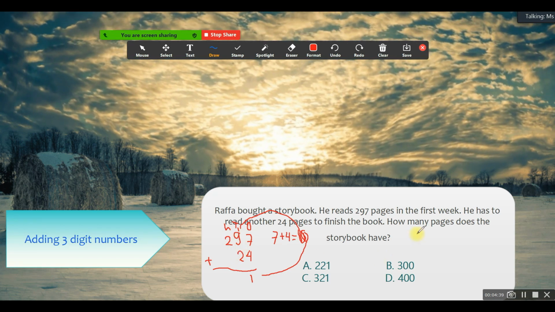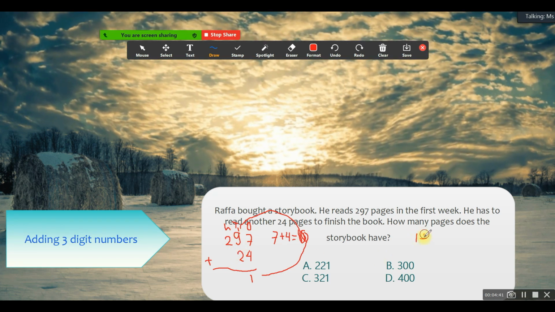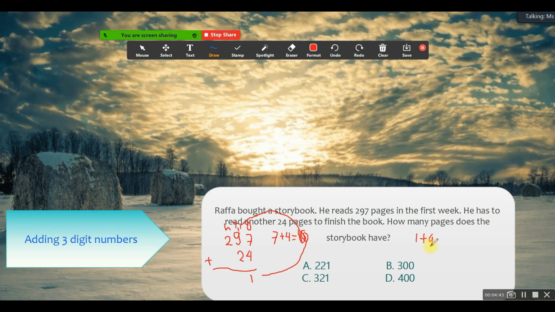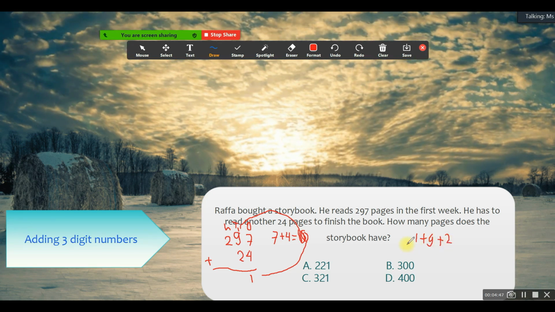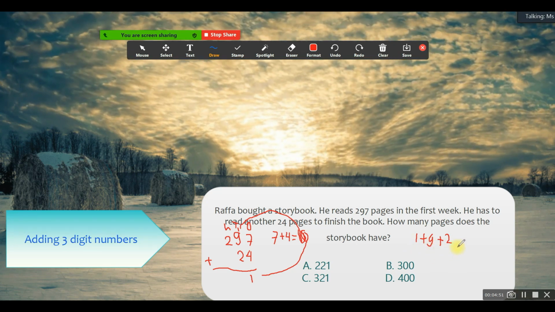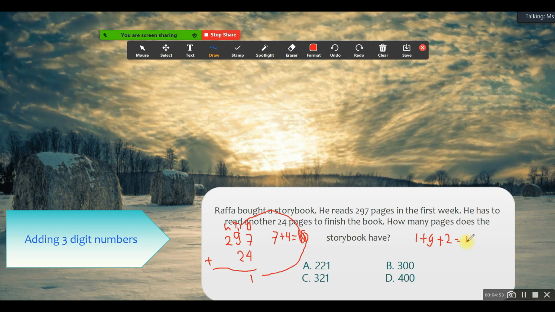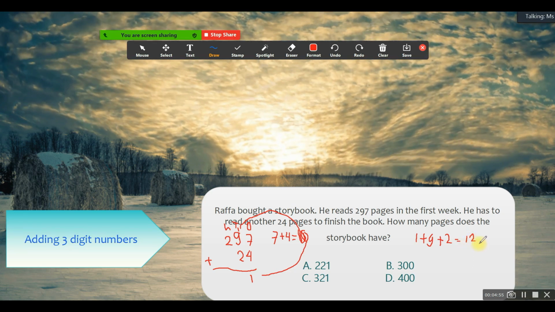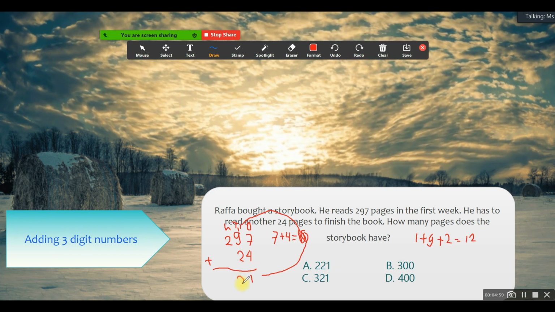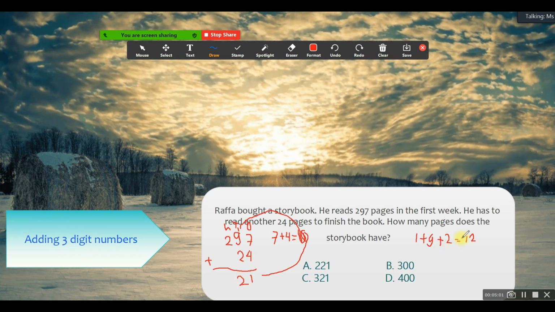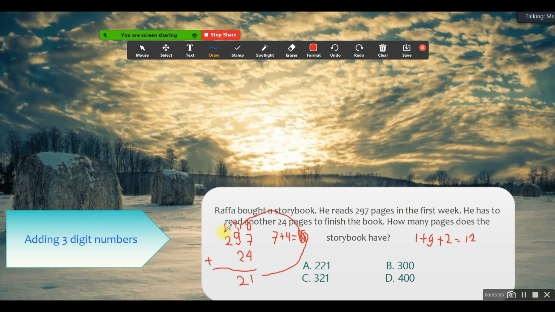Then we add the tens: 1 plus 9 plus 2, right? 1 plus 9 equals 10, 10 plus 2 equals 12. So we put 2 here and we keep 1 in the hundreds.